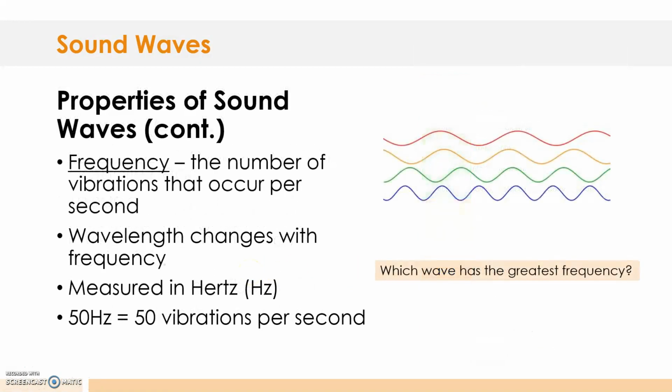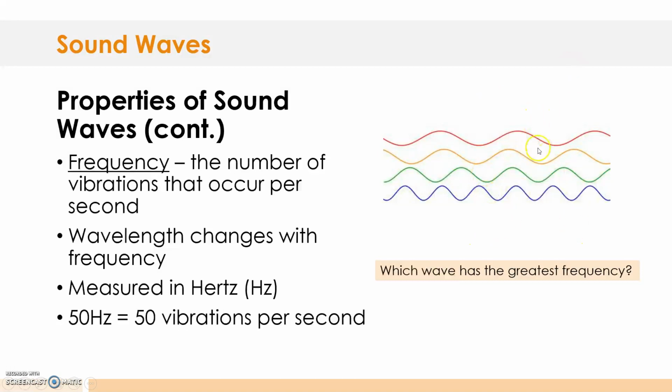Frequency, we've talked about how that's the number of waves or the number of vibrations that occur per second passing a point. And wavelength has a relationship with that. It's measured in hertz. So 50 hertz is equal to 50 vibrations in 1 second. So on this picture here, which one of these waves has the greatest frequency?